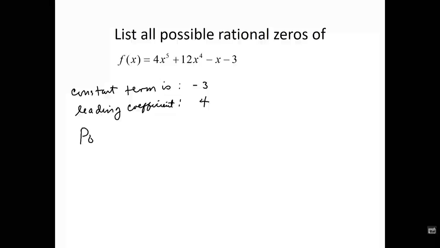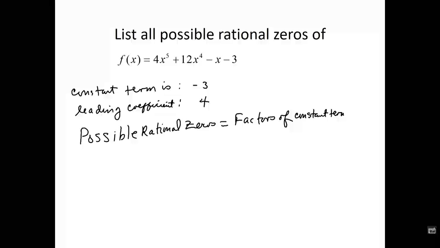All right, so all of the possible rational zeros can be found by looking at, remember, we want factors of the constant term negative 3 divided by factors of the leading coefficient 4.